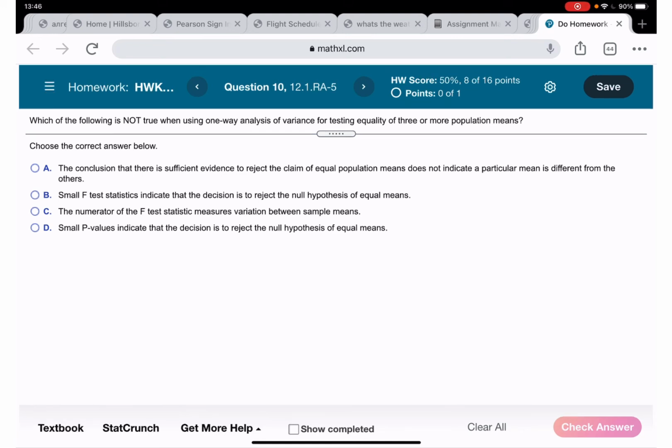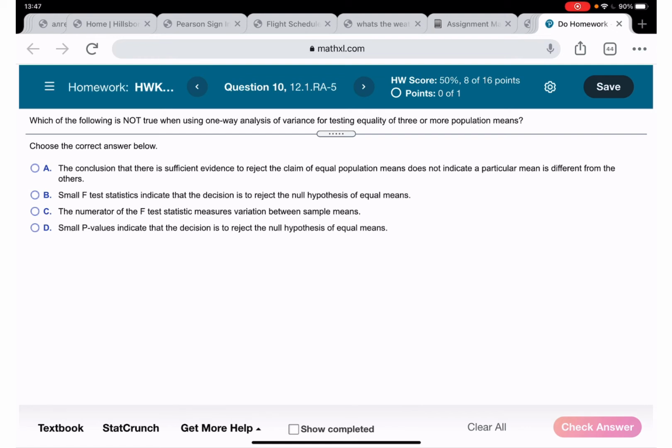Okay, so let's go step by step. A, the conclusion that there is sufficient evidence to reject the claim of equal population means does not indicate a particular mean that is different from the others. That is true. Next, the small F-test statistic indicates that the decision is to reject the null hypothesis of equal means. That is also true.